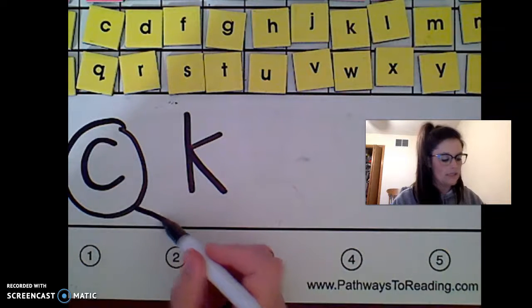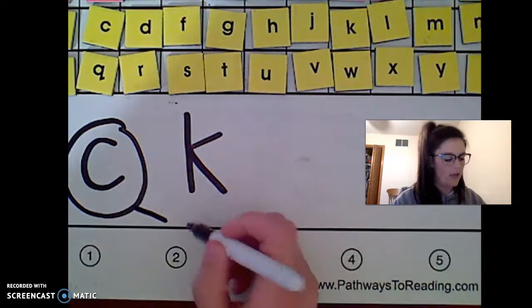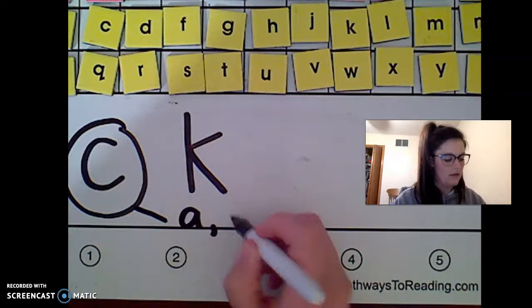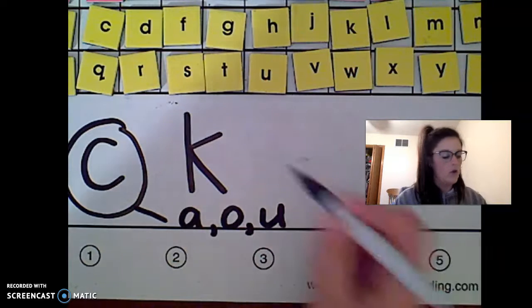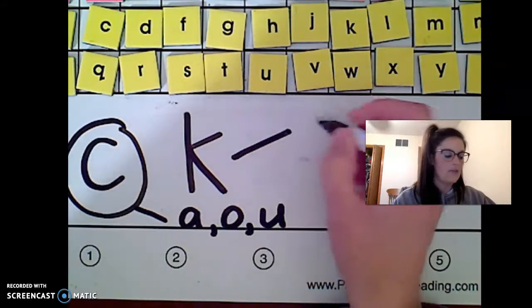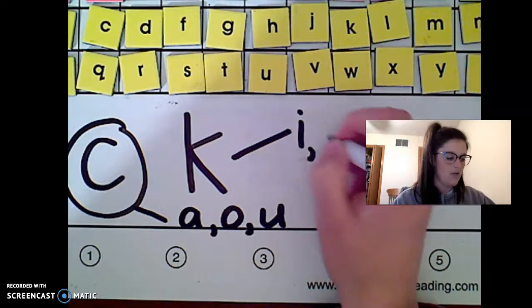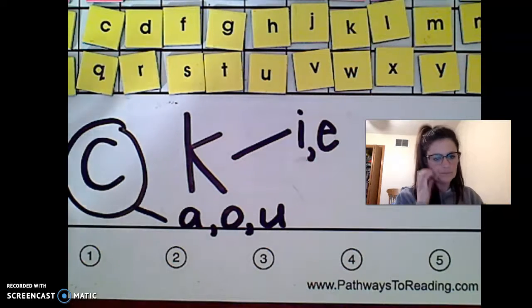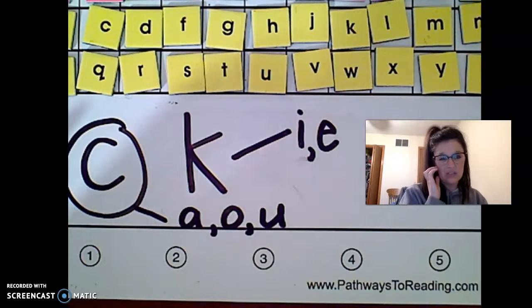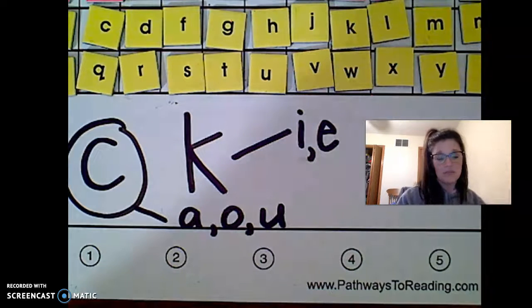We choose a C if our vowel is an A, an O, or a U. We choose a K if our vowel is an I or an E in the word. If you remember back in our classroom, it was above Mrs. Clanton's head while she was teaching reading group. I have this kind of outlined.